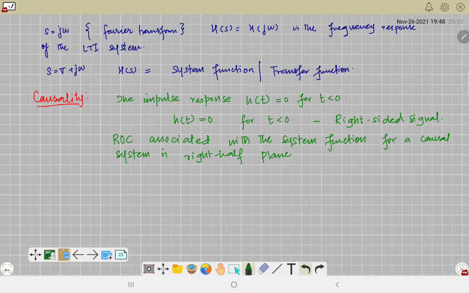So I can say, not plane, pole: a right half plane to the right of the rightmost pole.